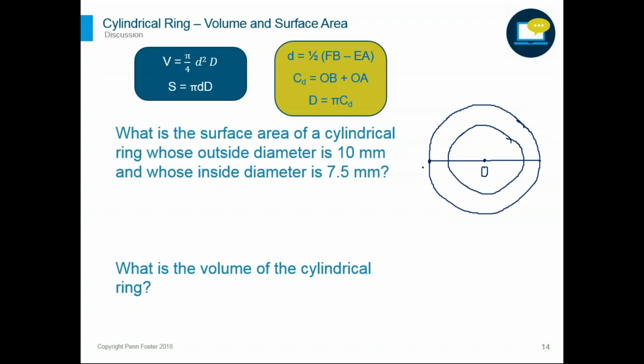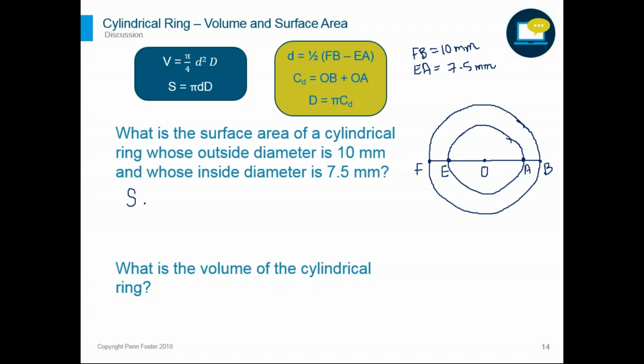I'm going to keep the same symbols as the units so you're able to follow along. FB, so FB is 10 millimeters, that's given. And also given the inside diameter, which I'm going to give the same name EA. So EA from the givens is 7.5 millimeters.